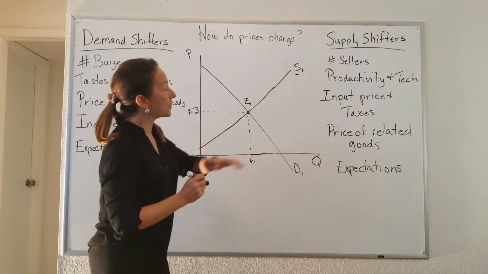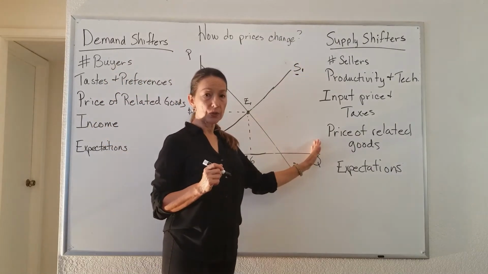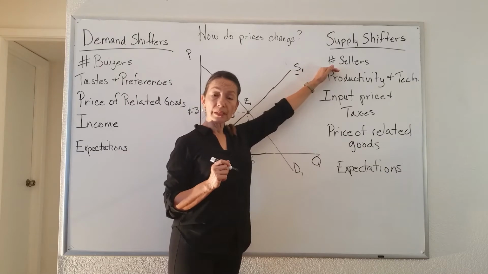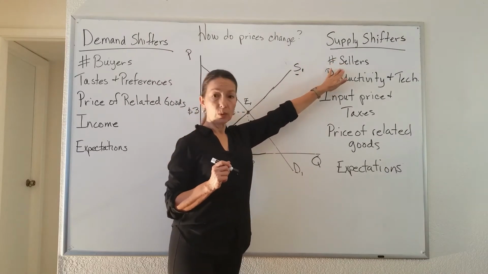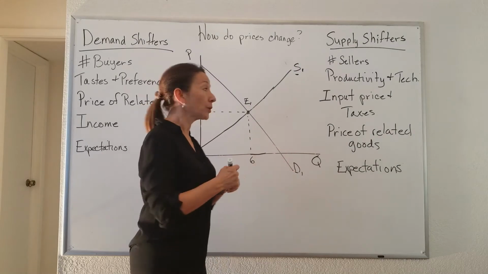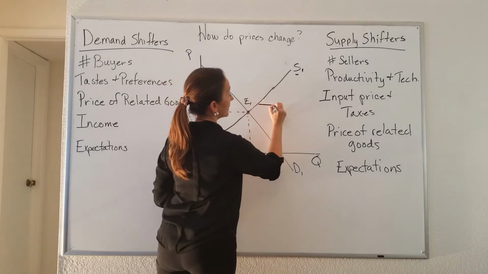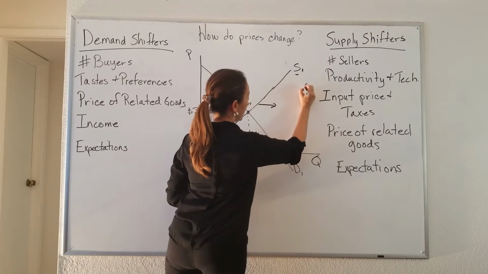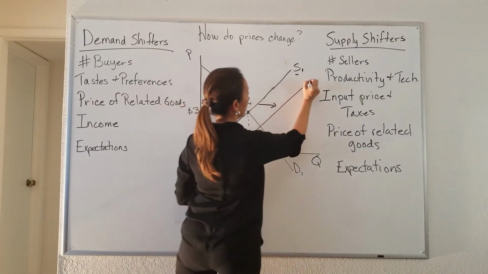Well, what happens if one of these assumptions changes? What if there are more sellers in the market for ice cream? What will happen? If there are more sellers, we know that the supply curve is going to shift to the right, to S2.